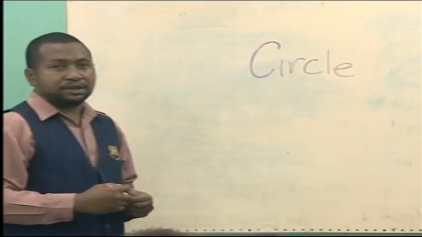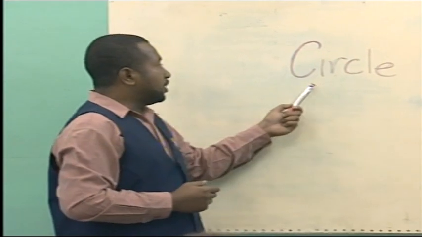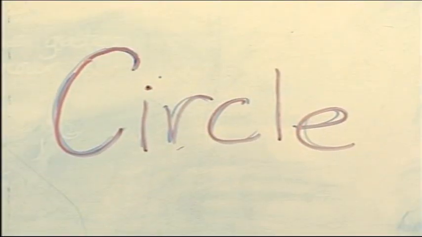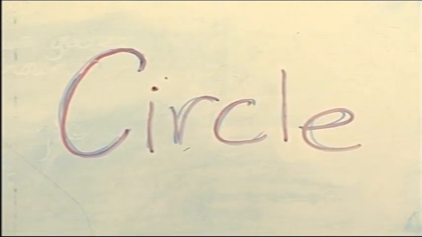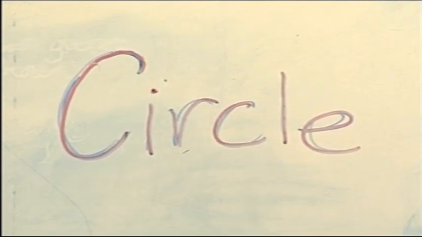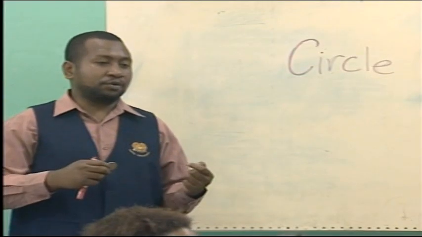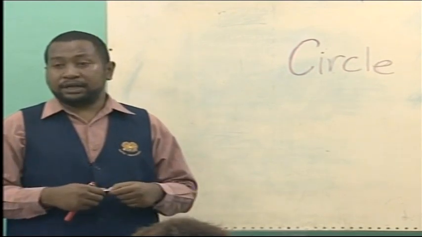Seventies and receiving students, by now we know the shape which is circle. Class, I would like you to tell me some examples of circles that you know of, like these two coins here, that you normally see every day, before you come to school, or you are at home, or during the holidays.